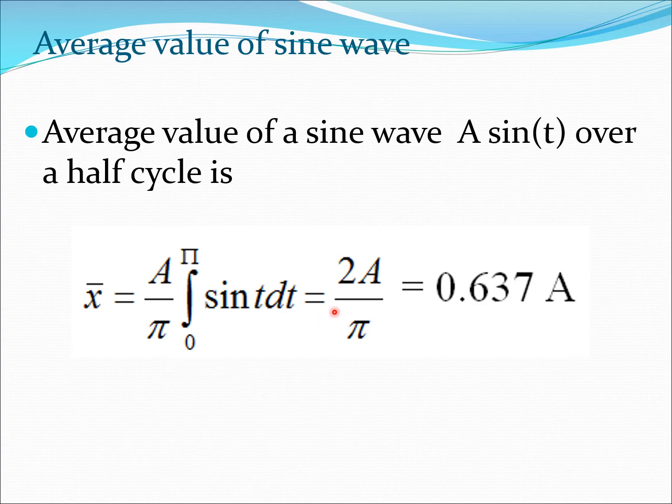Now this can be written as 2A by pi, and therefore it becomes 0.637A. So essentially the mean value of the sine wave is 0.637A and not half of A as some of you may have thought without doing this particular mathematics.